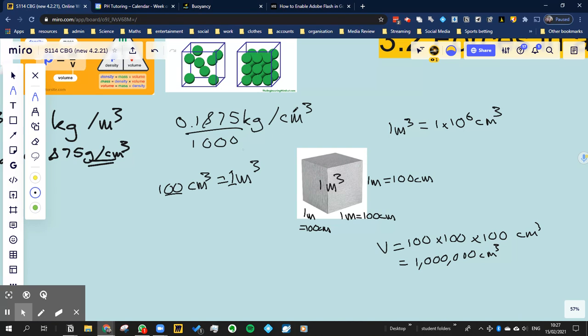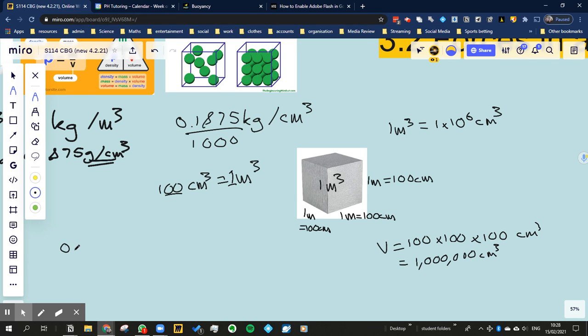Well, you've got to remember that this is how much mass is in 1 centimeter cubed, and in a meter cubed there are 1 million centimeters cubed. So there's going to be a lot larger mass. In 2 centimeters cubed, there'd be twice as much. In 5 centimeters cubed, there'd be 5 times as much. So in 1,000,000 centimeters cubed, there'd be 1,000,000 times as much.